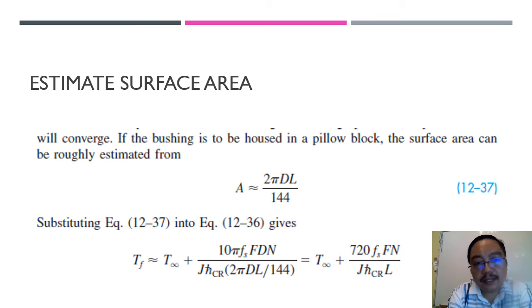So the surface area can be roughly estimated from A equals 2 pi d L over 144. You put in this equation, so you get T infinity, the temperature of the fluid, roughly equals T infinity plus 720 f W N over J h_CR L.